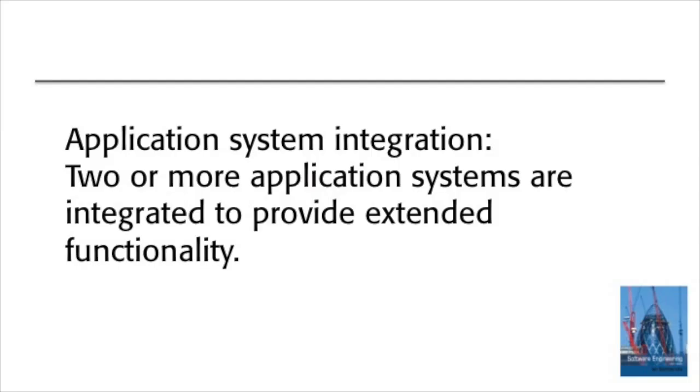Examples of these would be Ruby on Rails, where Ruby is the programming language and Rails is the application framework. We can create new systems within an organization by integrating existing systems which are there. So it's application system integration.